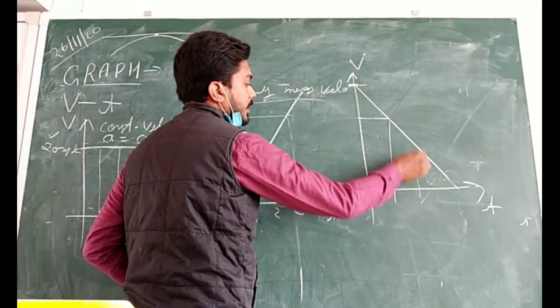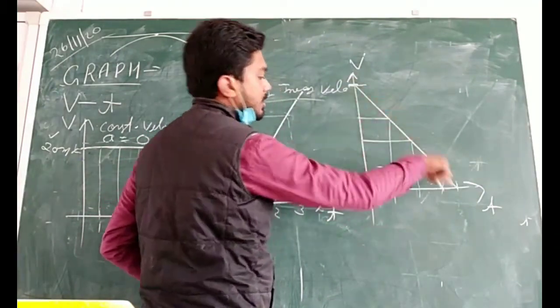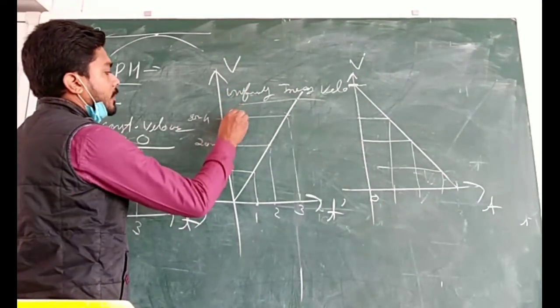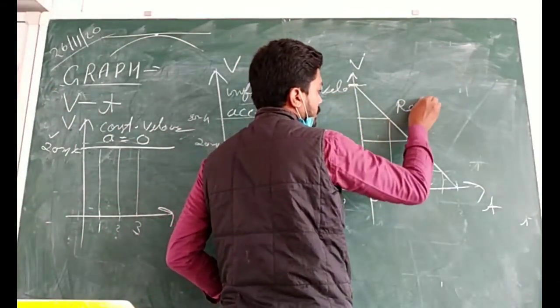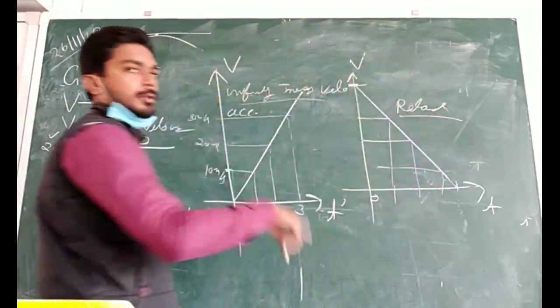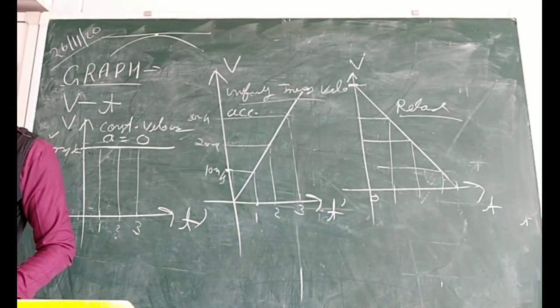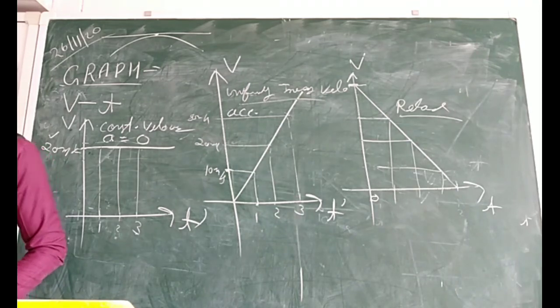Again velocity has decreased, again decreased, and at last velocity becomes zero. Then you will say that in the earlier motion there was acceleration, and in this motion there was retardation, because velocity is decreasing. Whenever velocity is increasing, we call that acceleration, and for decreasing velocity we use the word retardation.